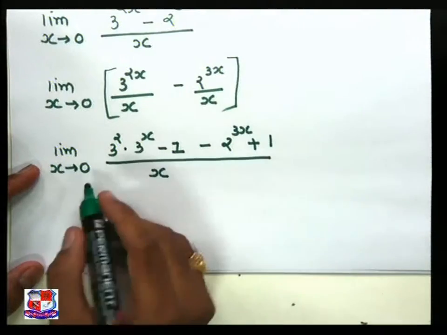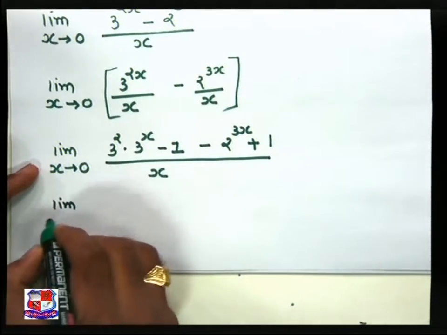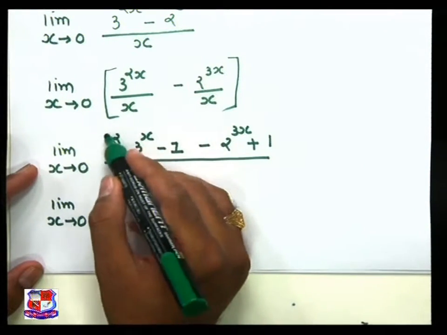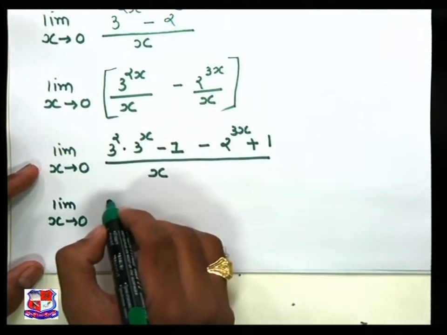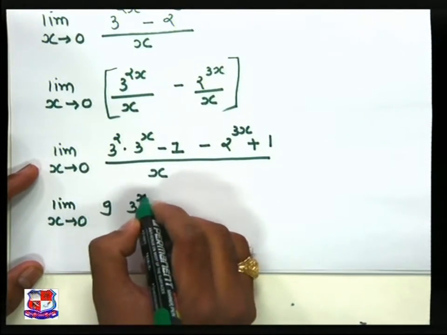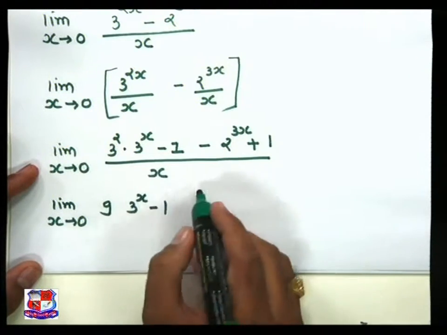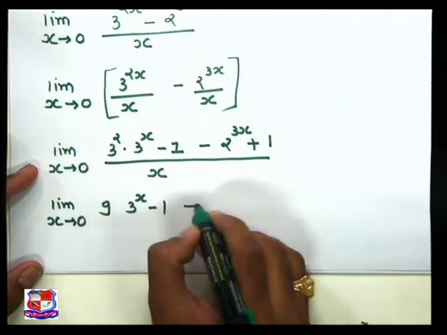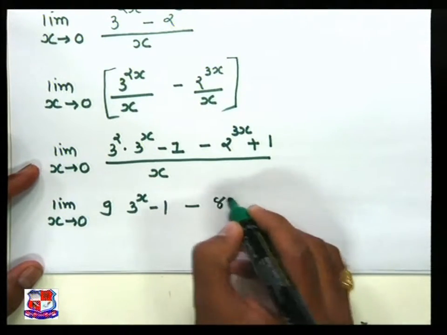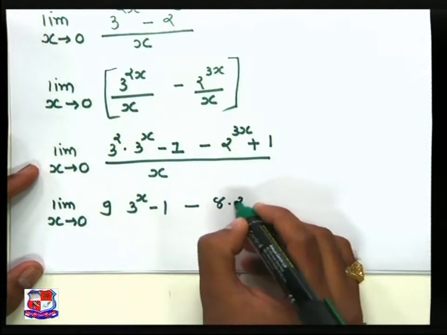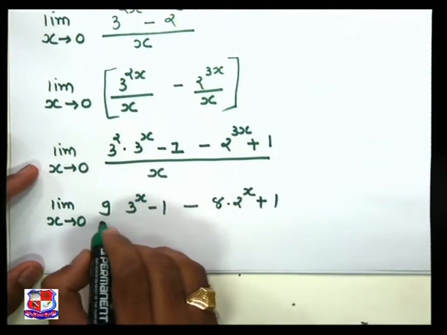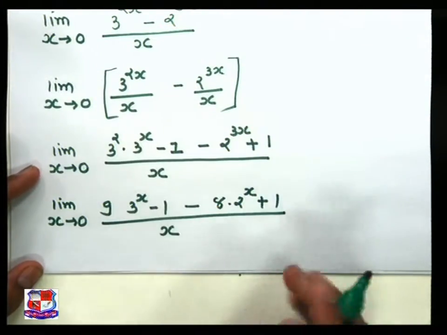Now we simplify further: limit x tends to 0, 3 raised to 2, that is a constant, 3 raised to 2 is 9, and the remaining term is 3 raised to x minus 1, minus 2 raised to 3, that is 8, into 2 raised to x as it is, and plus 1, divided by x.